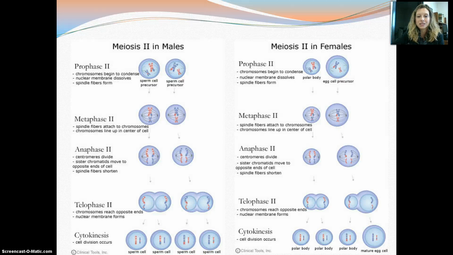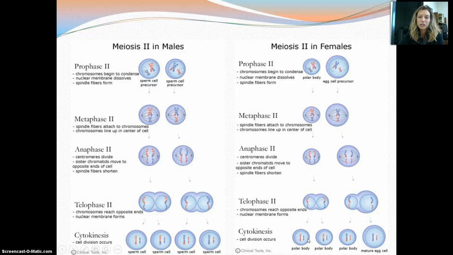Now here's something interesting. In males, we produce 4 sperm, each with a set of 23. And each one of these sperm could fertilize an egg and produce a baby. But in meiosis in females, for some reason, and we're not really sure why, the majority of the organelles and cytoplasm sort of push to 1 cell, and the other 3 are what we call polar bodies.